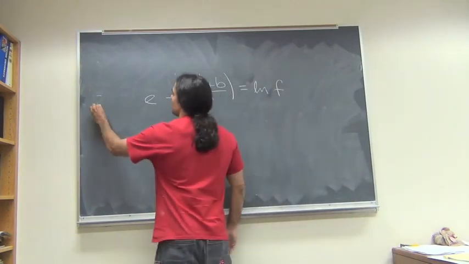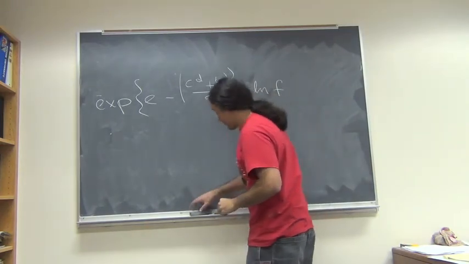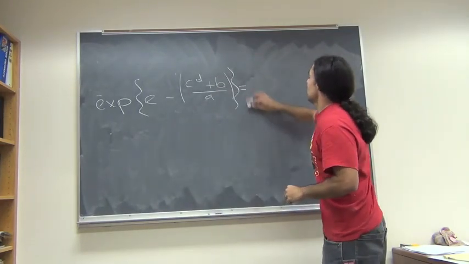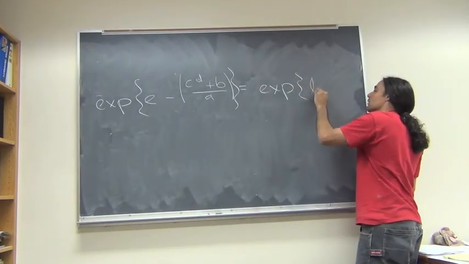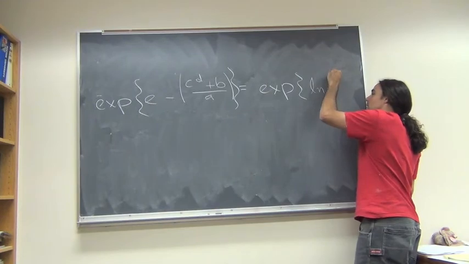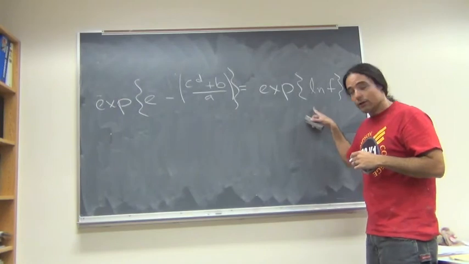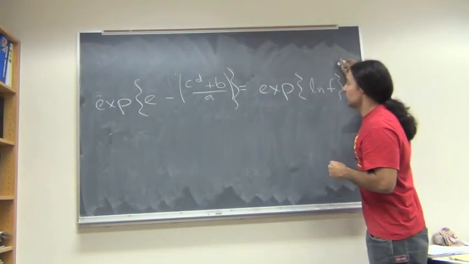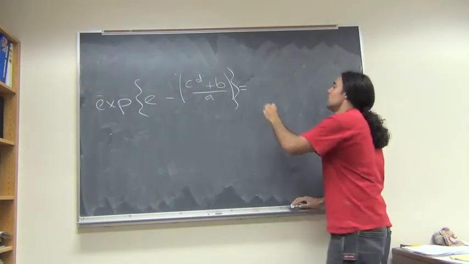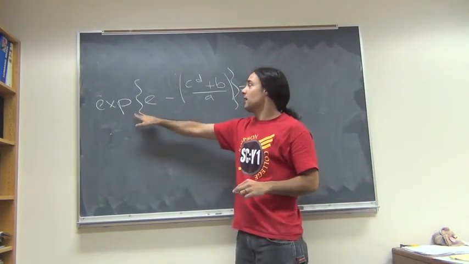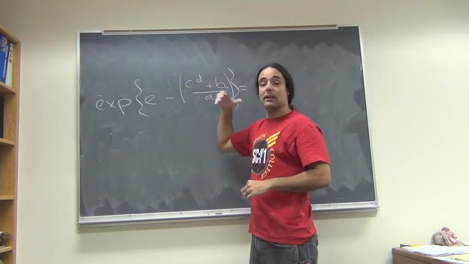So this is going to be exp of everything in here, and I'll do the same on this side, has to equal exp taken to the power of f. The exponentiation undoes the logarithm, so I'm just left with f on this side. These guys cancel. We've got f is equal to the number e taken to the power of e minus quantity c to the d plus b divided by a.